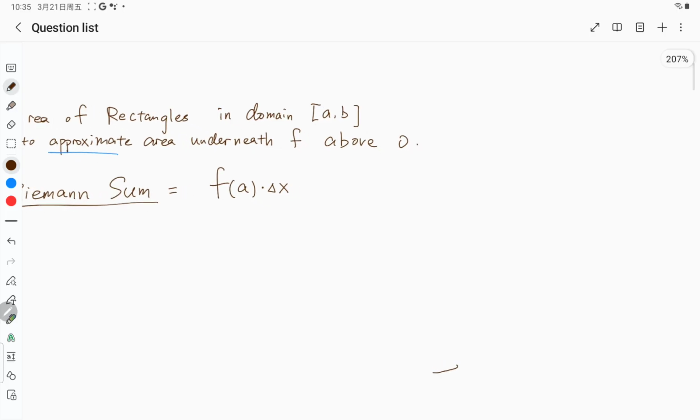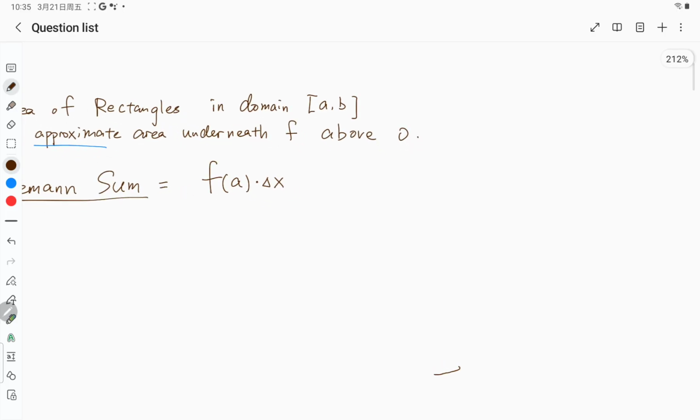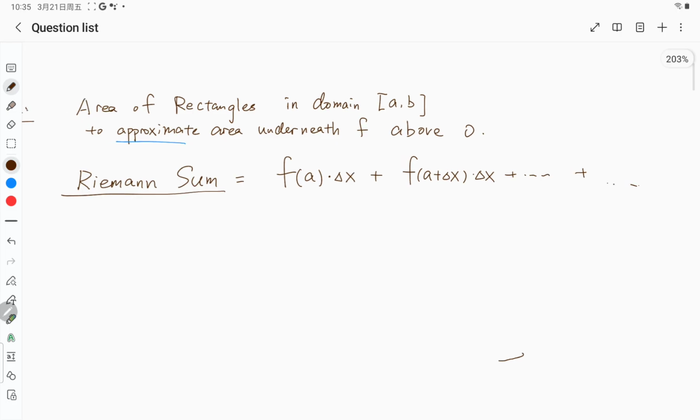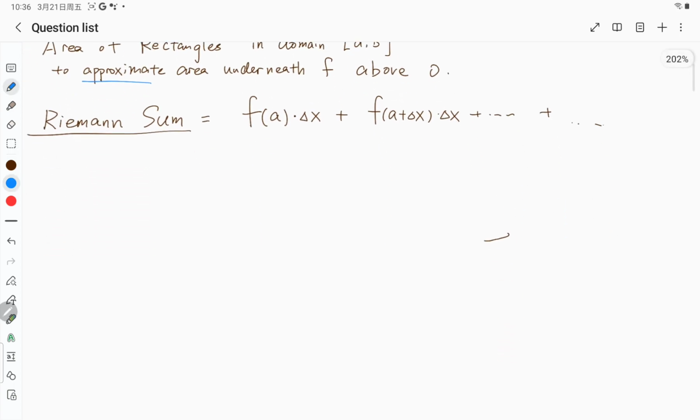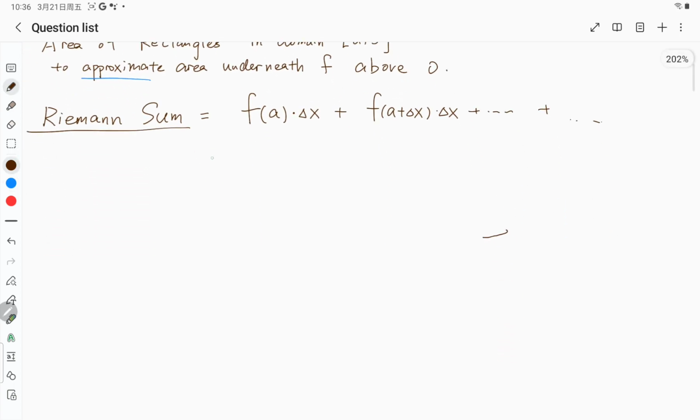So it's f(a) times delta x, plus f(a plus delta x) times delta x, and dot dot dot, until the last rectangle, right? Before writing out the whole formula, I'm going to modify it a little bit.